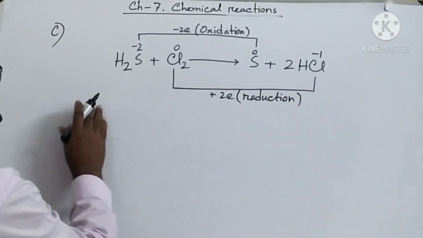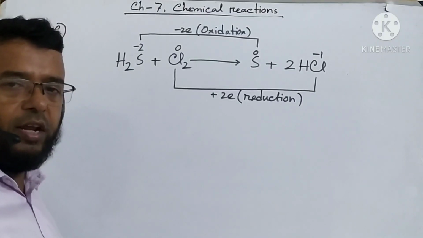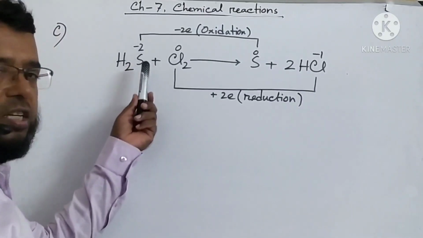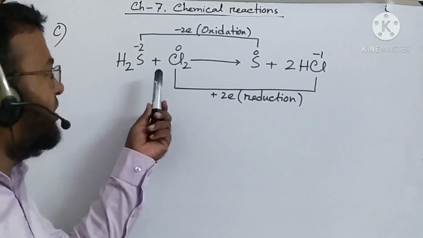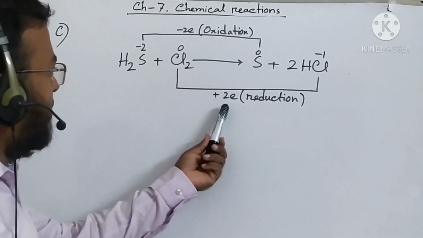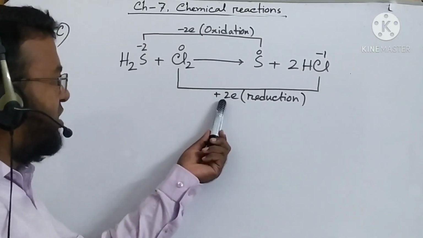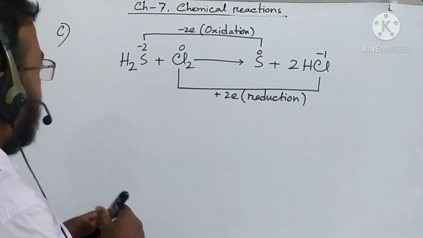So to explain this type of answer, at first you write what is oxidation reaction. The reaction in which electron donation occurs is called oxidation reaction, and then you write what is reduction reaction. The reaction in which electron acceptance occurs is called reduction reaction.